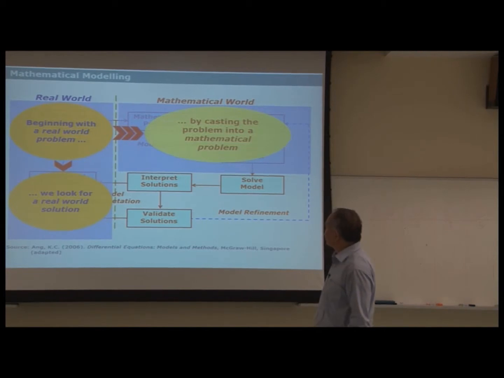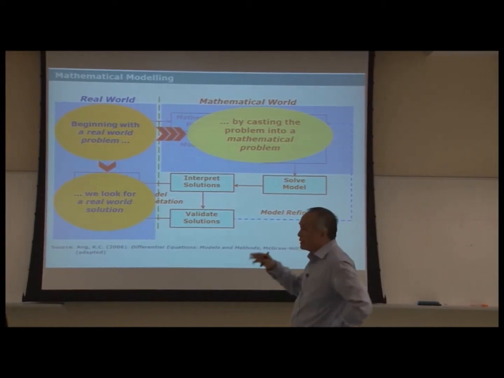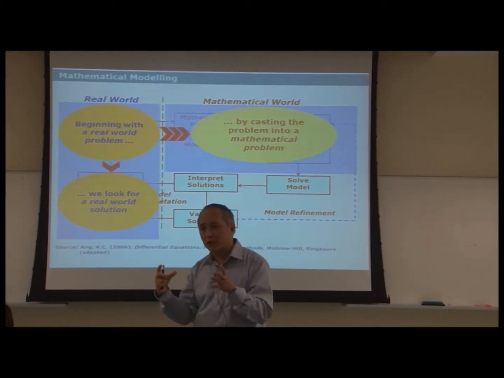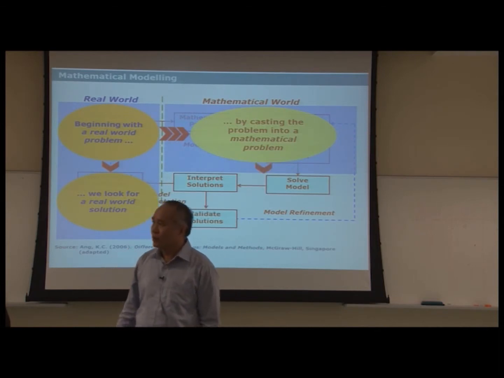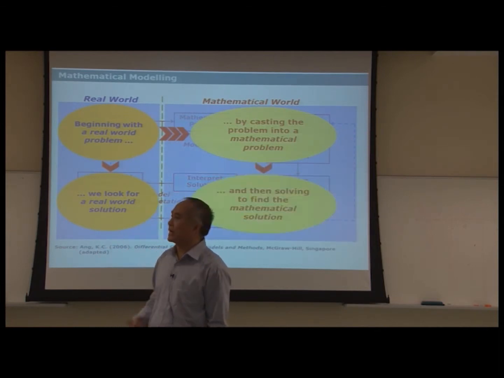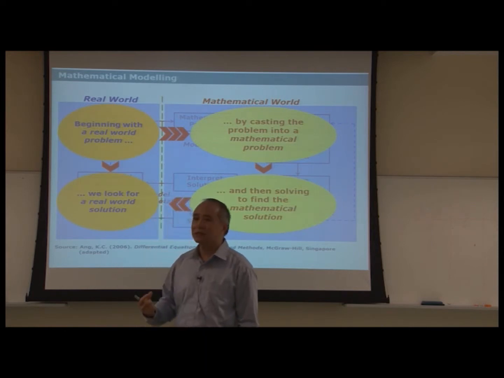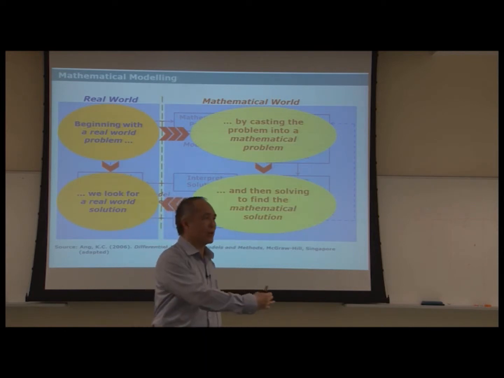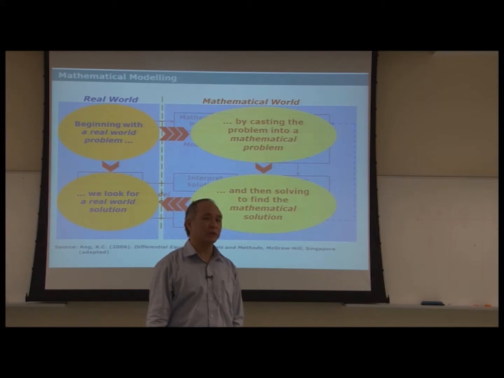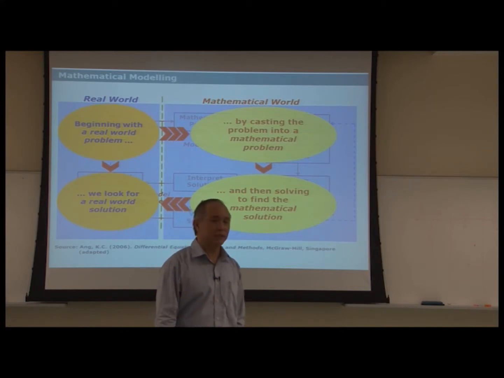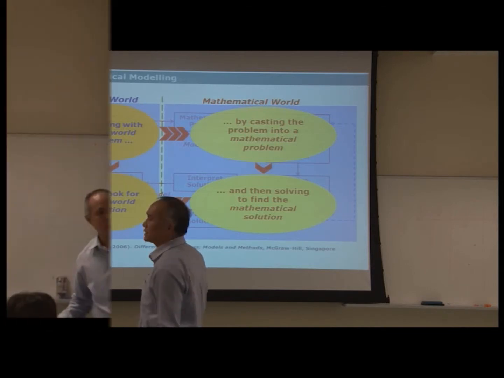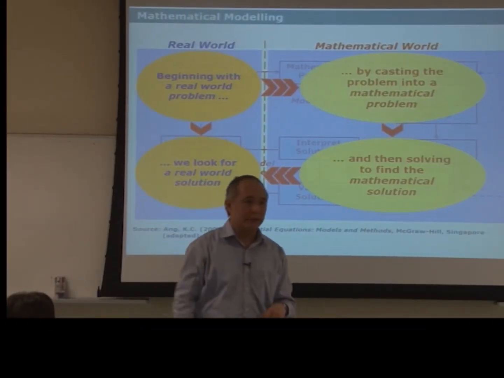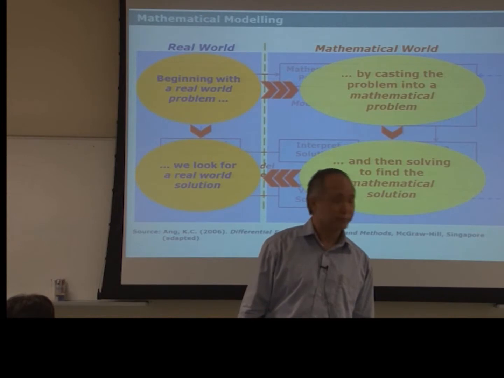We do that by casting the real world problem into a mathematical problem, and then after solving it, we find the mathematical solution and match it to our real world solution while interpreting it. So that should be the general idea.